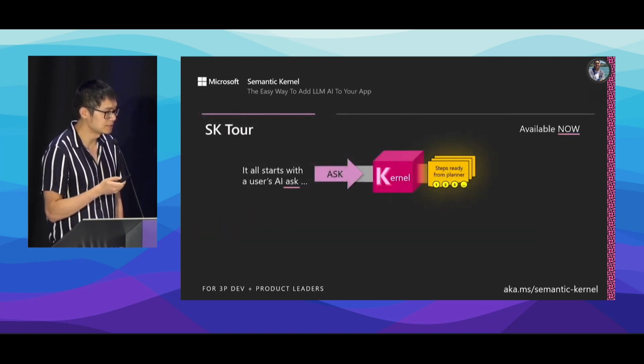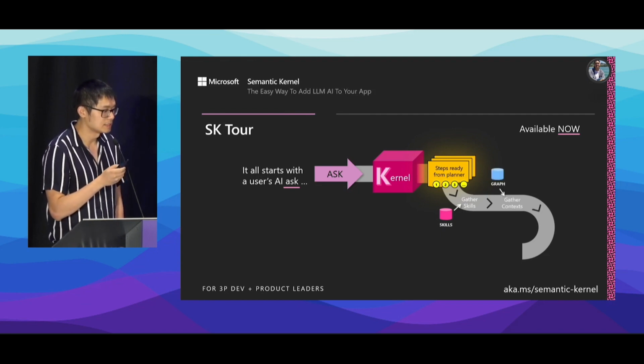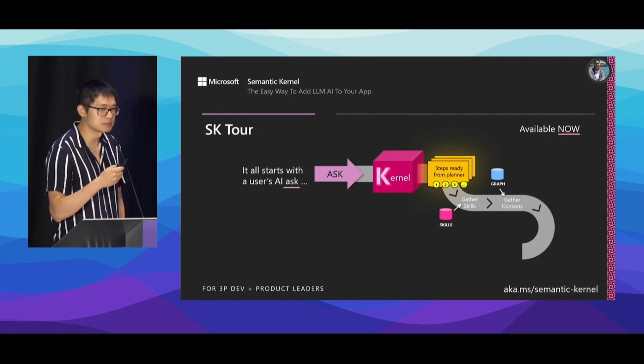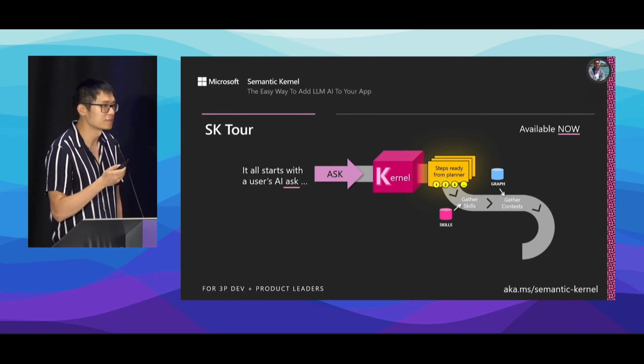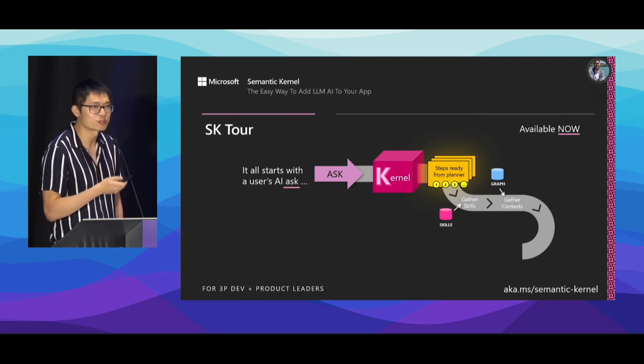So to put it in a different view, it starts with a user ask. That ask goes into the kernel. The kernel will take the skills that it has available to it and start creating a plan. And that, in addition, also brings in external context. So these are the connectors I was talking about, where let's say you have the Microsoft Graph and you wanted to know about your entire enterprise work profile.